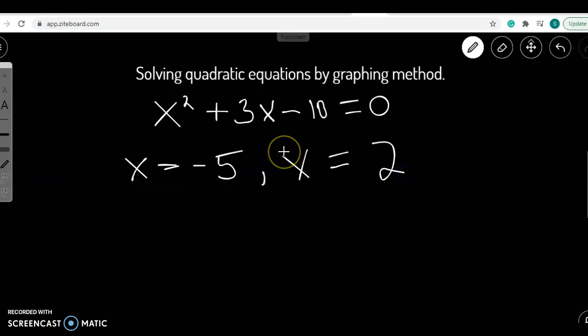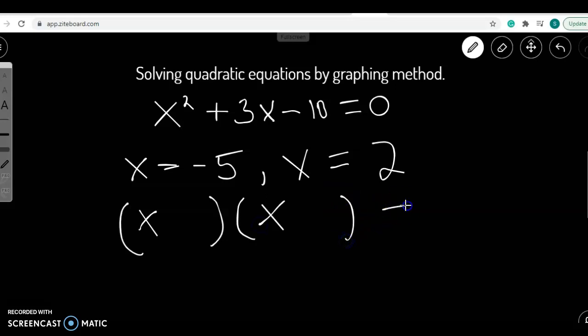And remember, in our previous videos we said that when we have the factored form, the switch of it gives us the solution. So here, since we have the solution, in case the question asks you to find the factored form, all you have to do is write your x and then put your parentheses here, and then you're waiting for the numbers or the solutions.